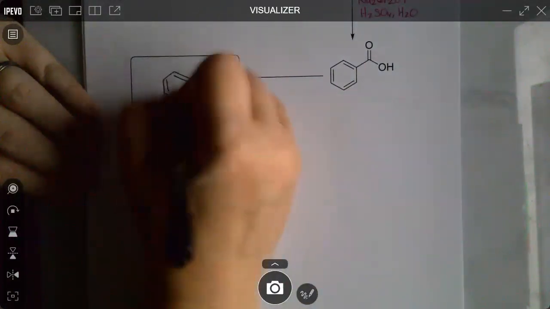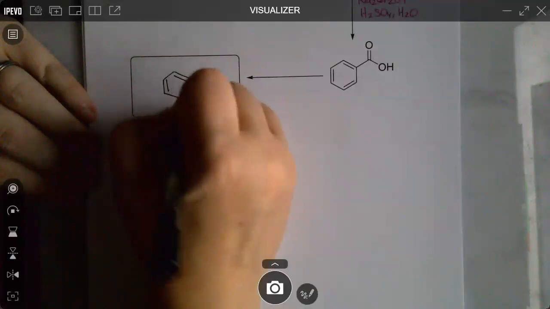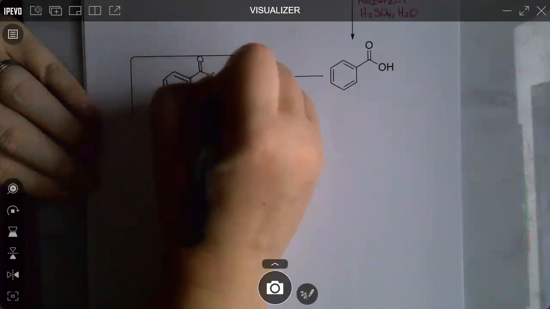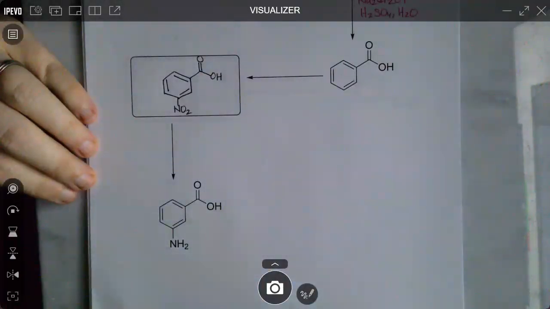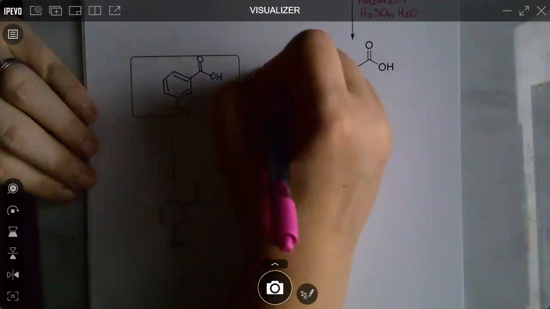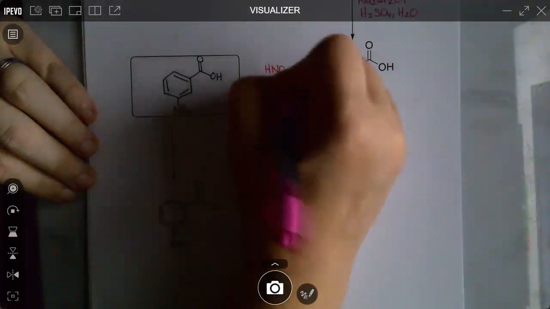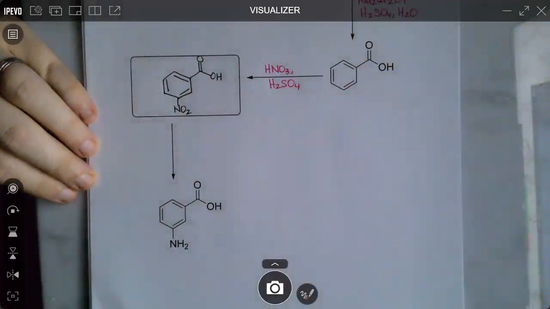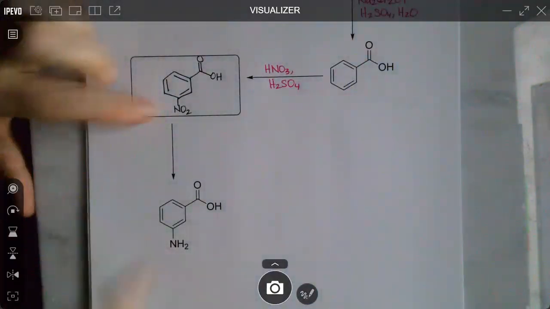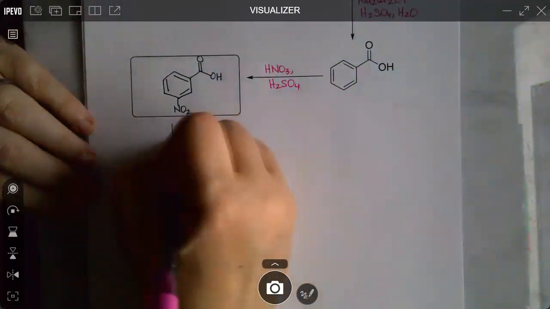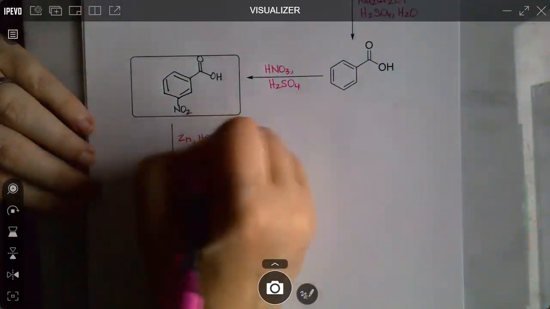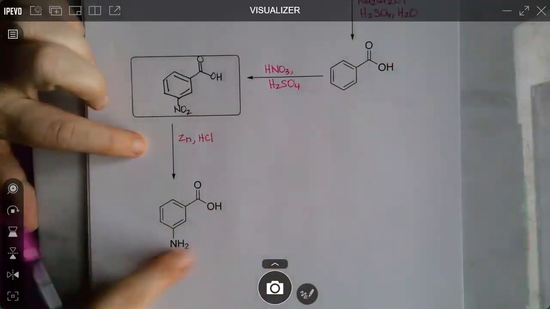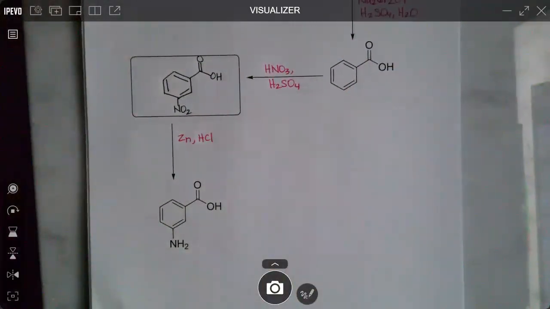So we can introduce the nitro group and then reduce the nitro group. The reaction to introduce the nitro group is nitric acid and sulfuric acid. And then we reduce the nitro group using zinc and HCl. And then sometimes it's mentioned that there is a basic workup in order to isolate the free base product.